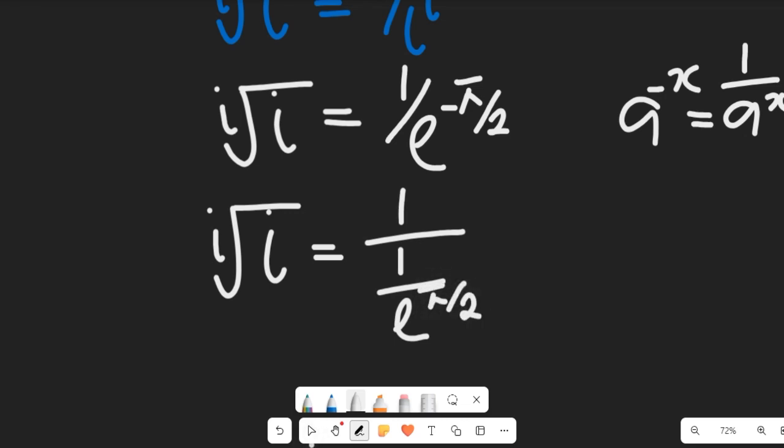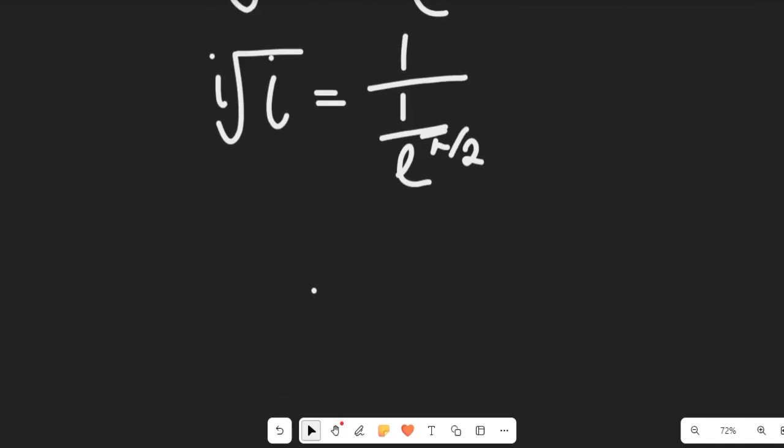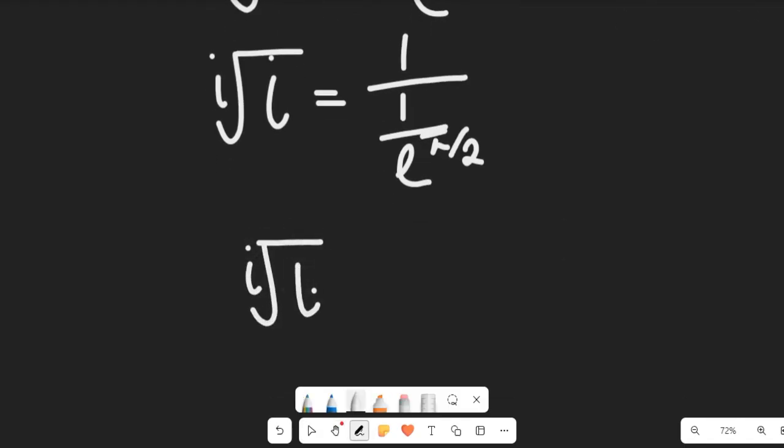So if you simplify that, that will give us the value of the ith root of i to be equal to exponent of pi divided by 2.